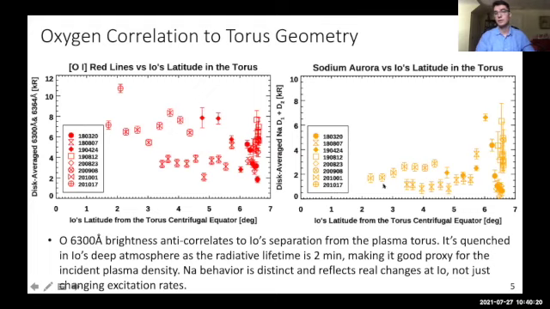There's no real correlation here that can be found, but here it's very clear that it's a negative trend. And also, because oxygen has a radiative lifetime of 2 minutes, it actually acts as a good proxy for incident plasma density. And that's how we can explain why oxygen has this completely weird behavior going into eclipse.